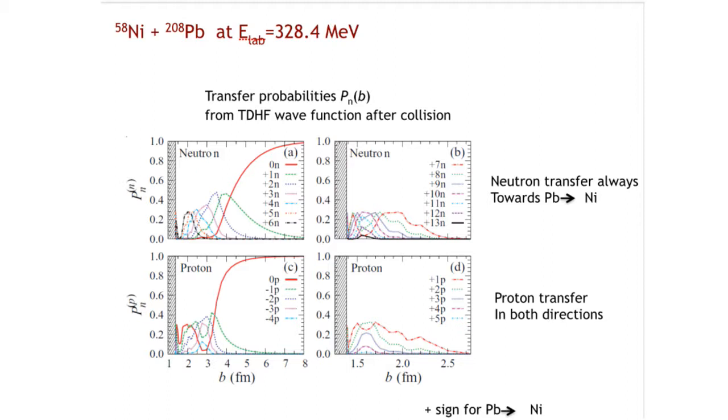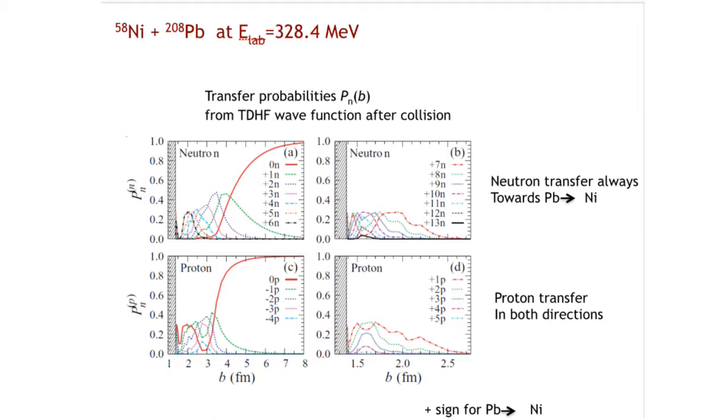So neutron transfer probability from nickel to lead is vanishingly small. For the case of protons, we find a transfer of nucleons in both directions. Negative is the nickel to lead. So once we get such probability, we can calculate the cross-section by integrating over impact parameter.